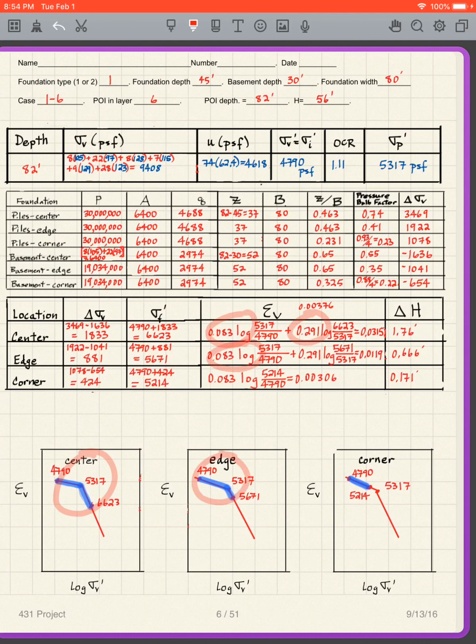This one I have both parts. This one I only have the first part. So you can look at those numbers. We've done this many times, so I'm not going to go through the details.